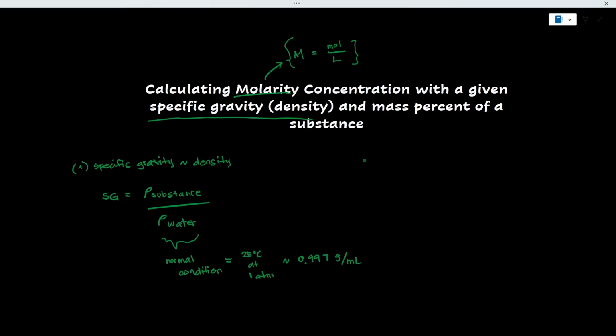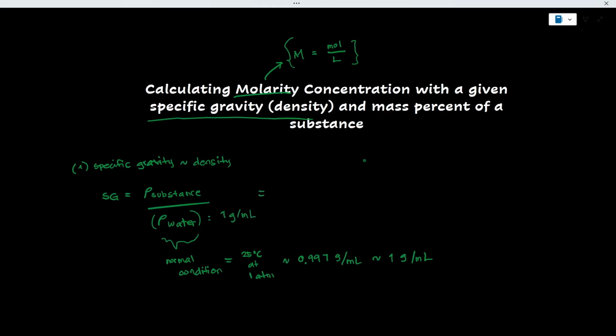So this can be approximated as 1 g per ml. So if you imagine, the density of water is equal to 1 g per ml.